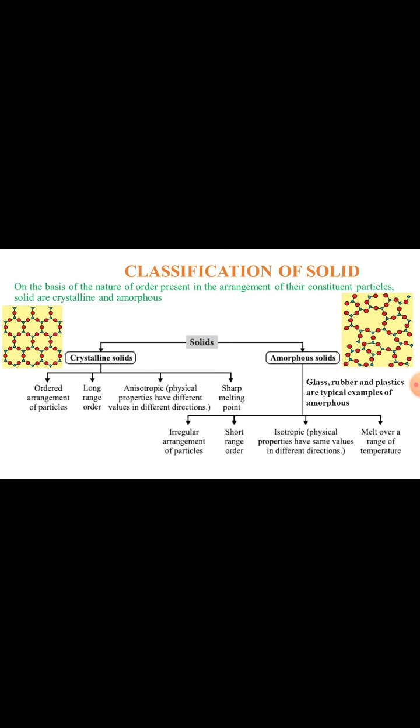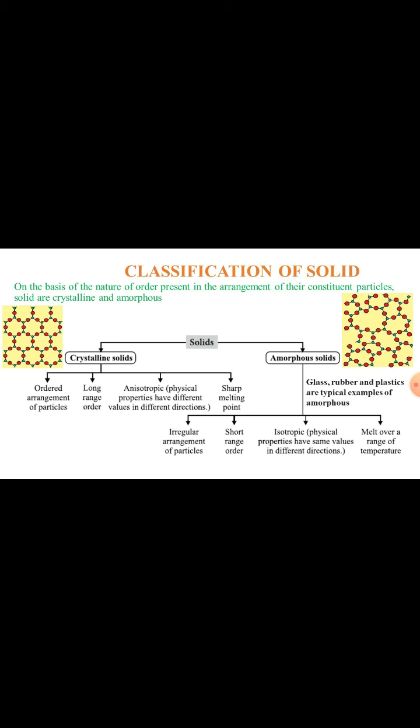Now you should know some more points about crystalline solids that are given. Ordered arrangement of particles. Particles may be atoms, molecules or ions. Second, long range order. Third, anisotropic. This means physical properties such as refractive index and electrical conductivity have different values in different directions.